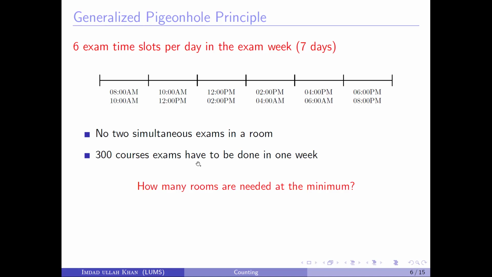How many rooms are needed at the minimum? Take a pause. Try to figure out this problem in the form of pigeons and pigeonholes. We simply apply the pigeonhole principle: 300 courses being divided into 42 slots, and the ceiling will give us the minimum number of rooms which are required.